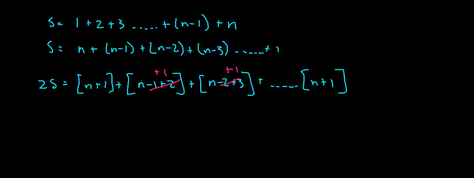But how many of them are there? There are going to be n of them, whatever the sequence ends at. So this can be simplified as n times n plus 1. Since all of these are going to be equal to n plus 1, all that matters is what number n is. And then divide by 2.